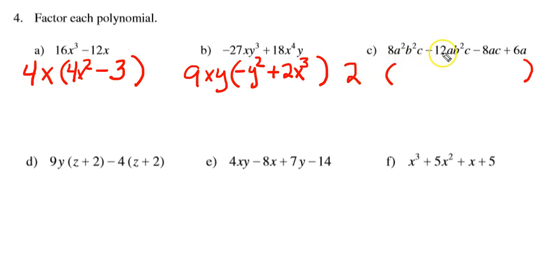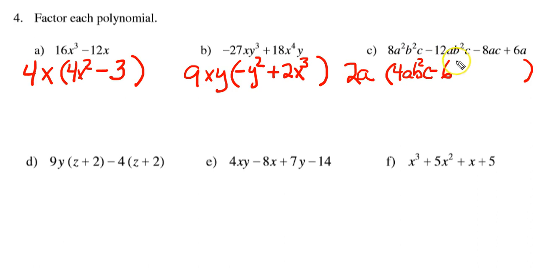Now this is a to the second, a. So we can take an a out of each one. And a b. No, we can't take any b's out because these terms don't have b's. C. And we can't take a c out because this last term doesn't have a c. So the most we can take out is a 2a. Then this becomes 4a b squared c minus 6.